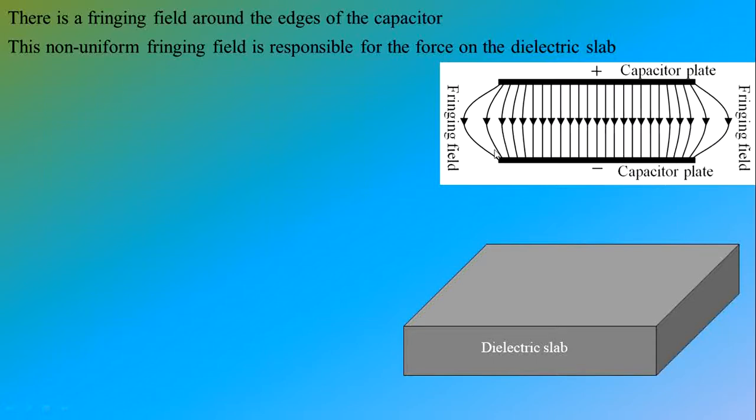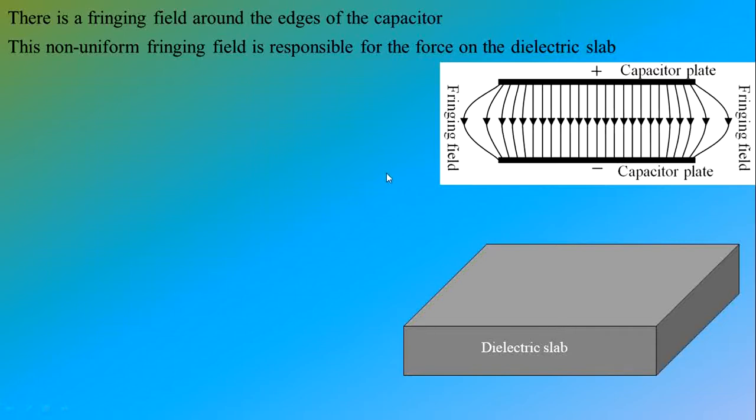This non-uniform electric field at the edge of the capacitor plate is responsible for the force on the dielectric, and this non-uniform electric field is known as the fringing field. So, there would be a force of attraction on the dielectric plate.